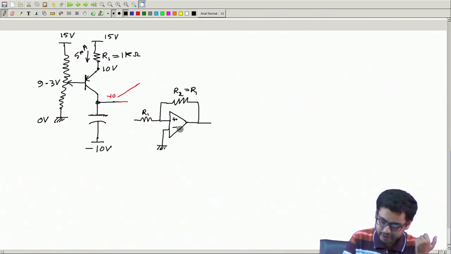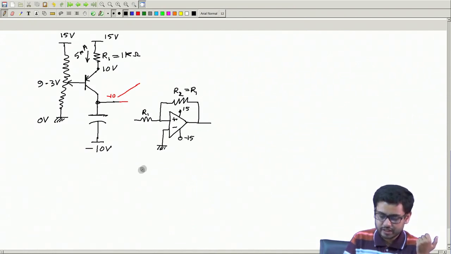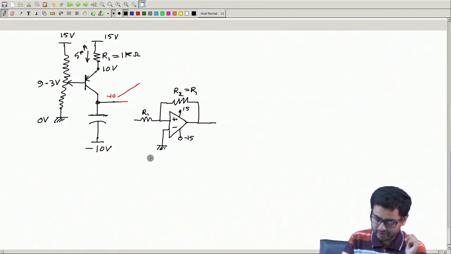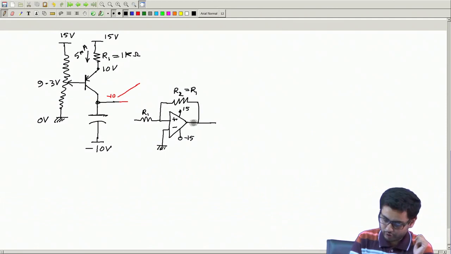If these voltages are say plus minus 15 volt, then let me quickly calculate the lower trigger point and upper trigger point.